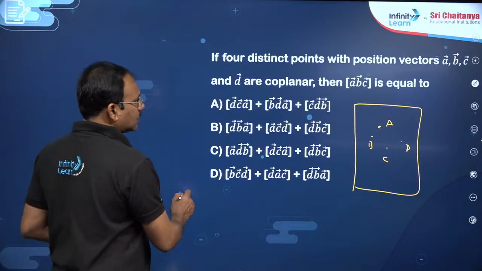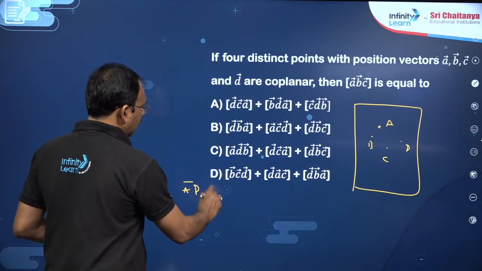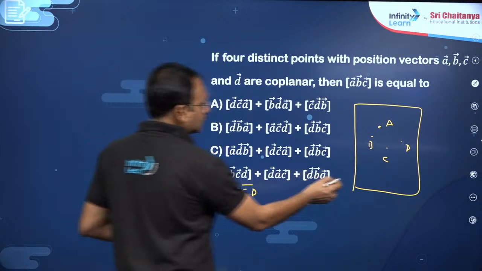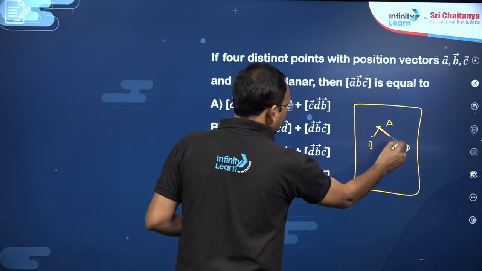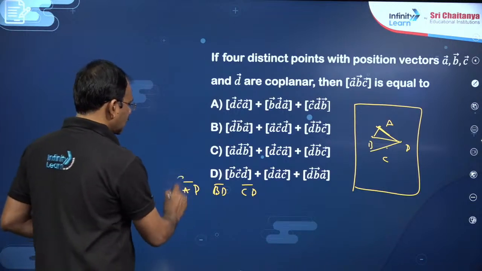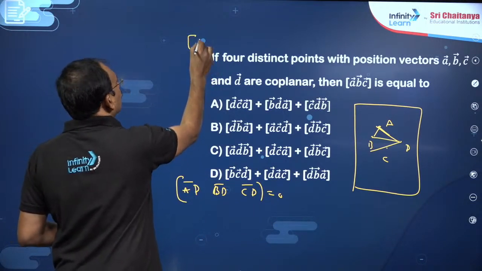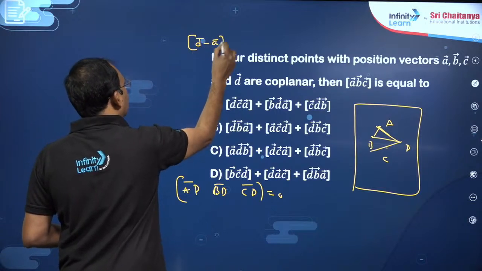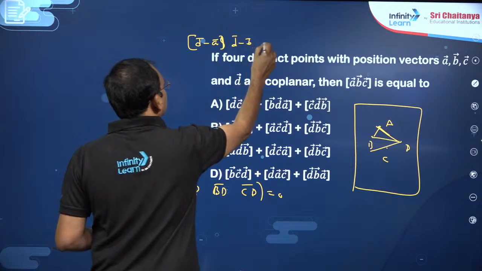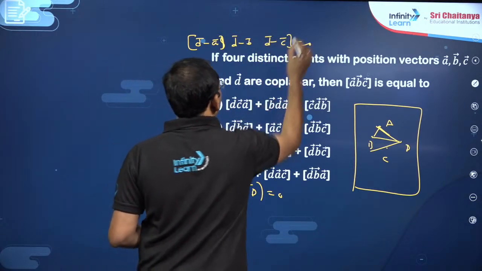You can write AD bar, BD bar, CD bar as 3 vectors. 3 vectors, box is equal to 0. That means you can write box, AD bar means OD minus OA, this is OD minus OB, this is OD minus OC. This must be 0, my dear friends.